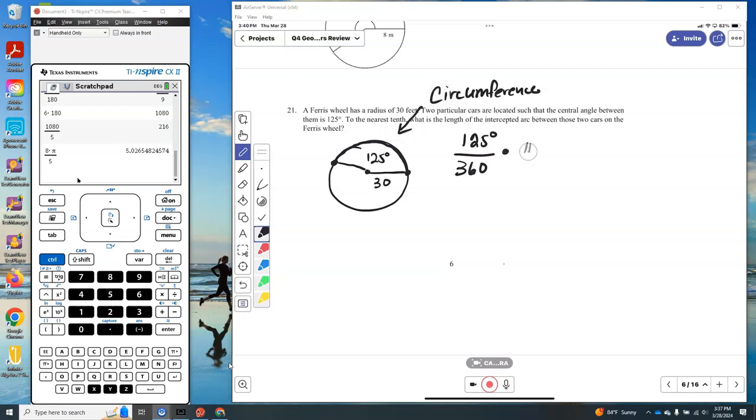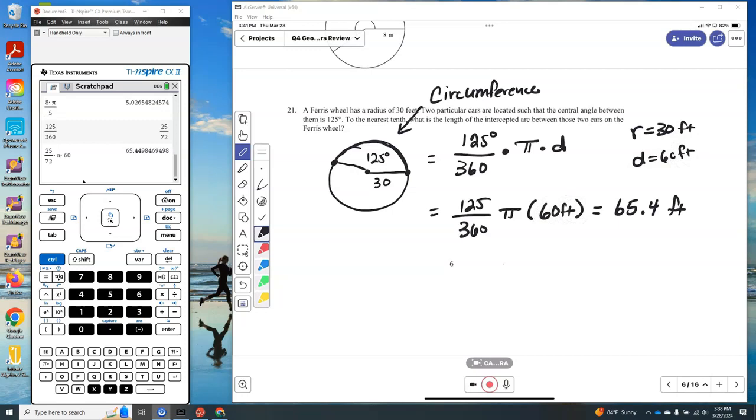So it's going to be times pi times d. So it's going to be 125 over 360 times pi. And the radius is 30 feet, so the diameter is 60 feet. So you got to multiply by 60. So the distance between the 2 cars is 65.4 feet.